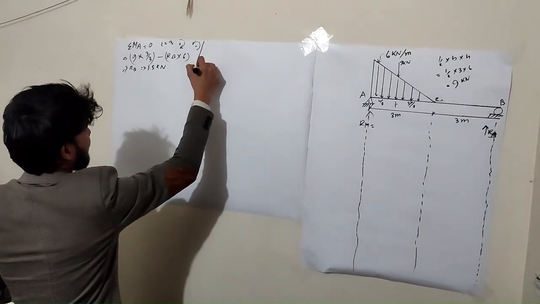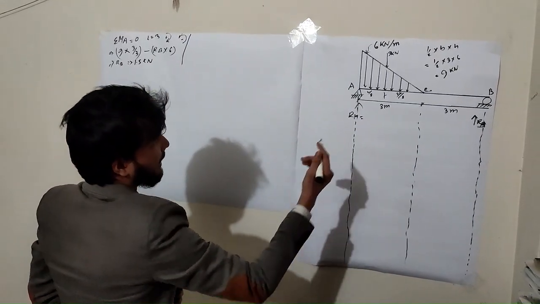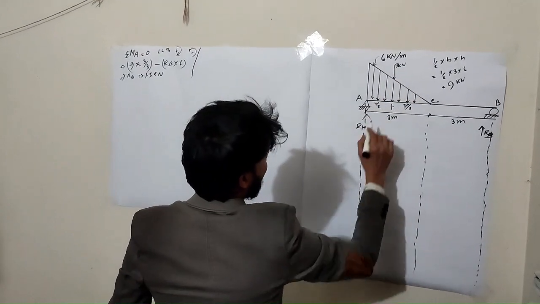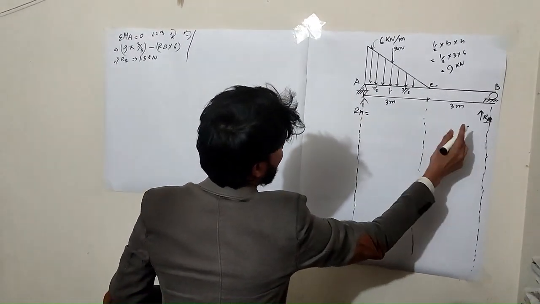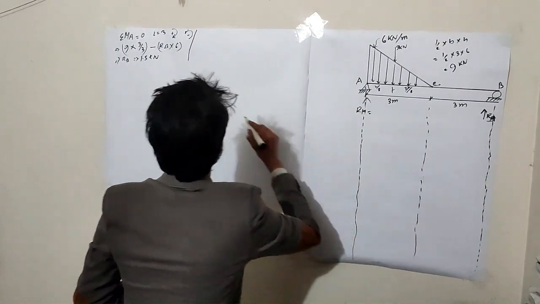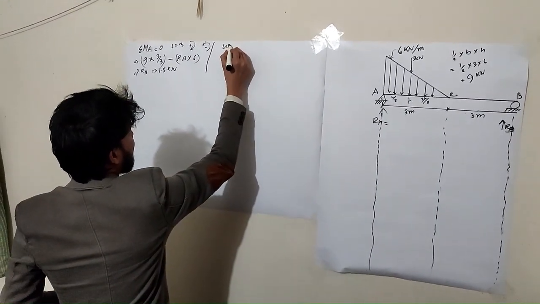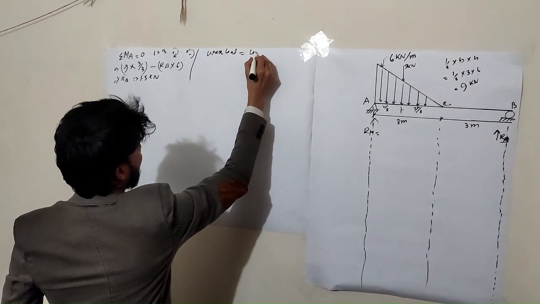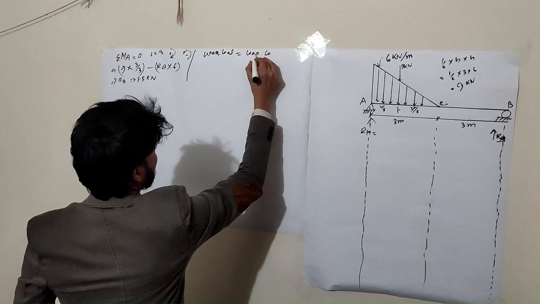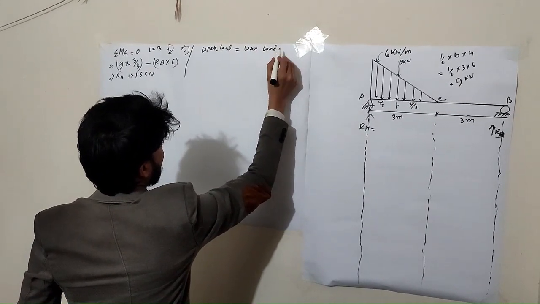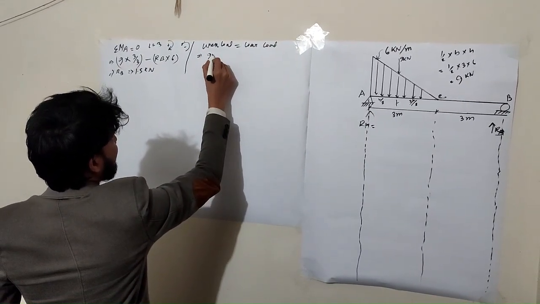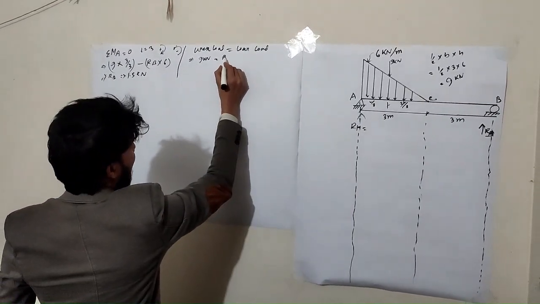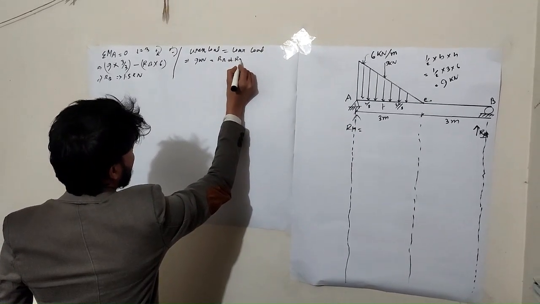Then equilibrium of upper load and lower load. The upper load is 9 kilonewton and the lower load is RA plus RB. So the upper load equals the lower load: 9 kilonewton equals RA plus RB.